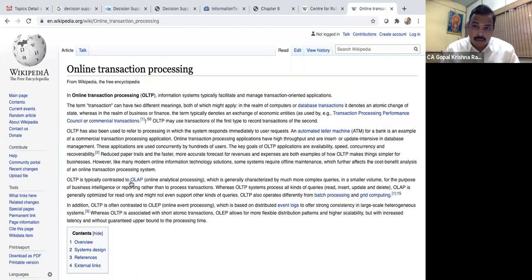Normally it will happen when you book Tatkal booking. At 10 o'clock it will just open, so you'll try to book it at exactly 10 o'clock. Everybody will come, but everybody gets their allotment at different numbers. I have also logged in at 10, he also logged in, she also logged in, everybody.